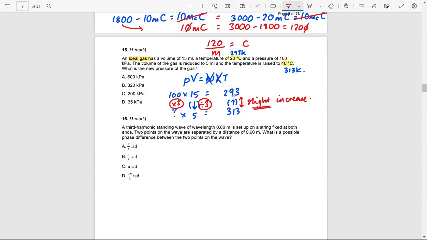So if it was still 293, the new pressure would be 3 times bigger, which would be 300. However, we need this number to be slightly higher than 300 so that we can get to an answer that's just a little bit bigger than 293. So I'm just going to look for a number that's slightly bigger than 300. I've got one, and I'm going to go for it.